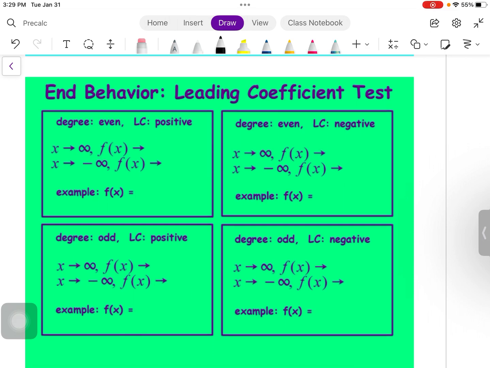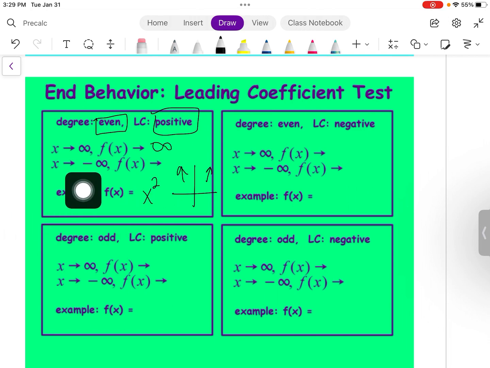Let's talk about even degrees first, and a positive leading coefficient, like x to the second power. That's a parabola, so it's going up and up. So on the positive side of the x-axis, the function is going up, so to infinity. On the left side of the x-axis, or negative side, we're going up again, so positive infinity.